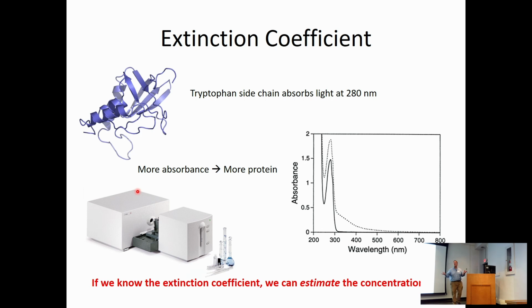And so why might we want to know the concentration of a protein? Here's a good question. Why do I care? Yeah. So I can know how much I have, right? So that's a very basic answer, there's going to be multiple parts to this, so keep thinking.